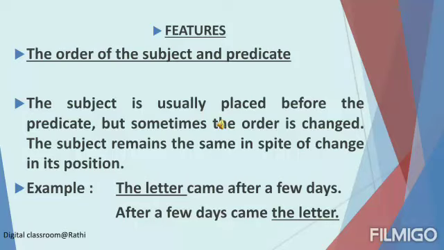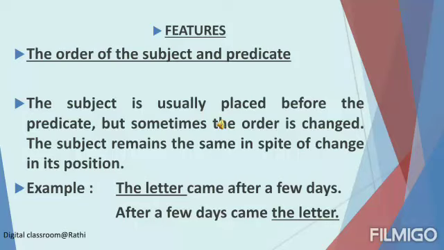Well, now see the features of subject and predicate. First one, the order of the subject and predicate. The subject is usually placed before the predicate, but sometimes the order is changed. The subject remains the same in spite of change in its position.